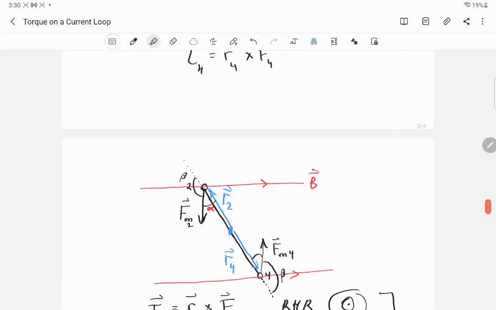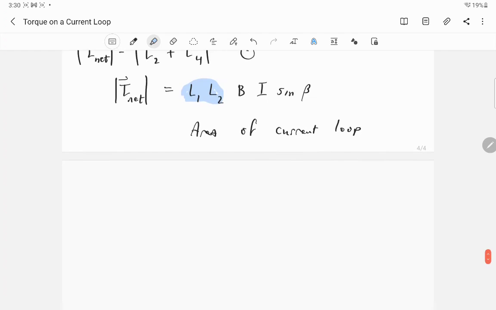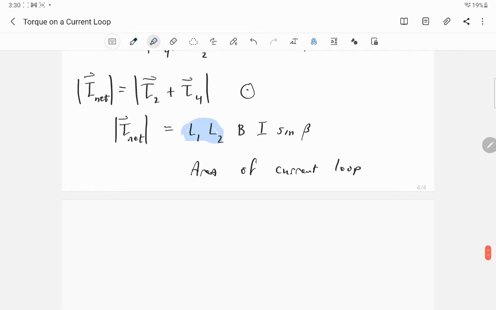And I'm going to show you in the next video how it's important. We're going to define a summarizing idea or quantity. And this summarizing quantity is going to be a vector. We're going to give it the symbol mu.